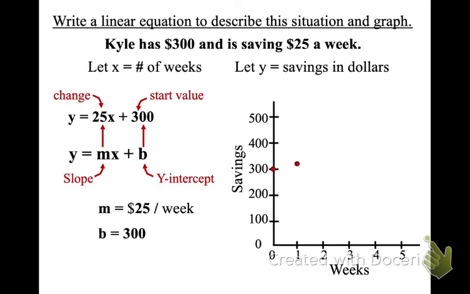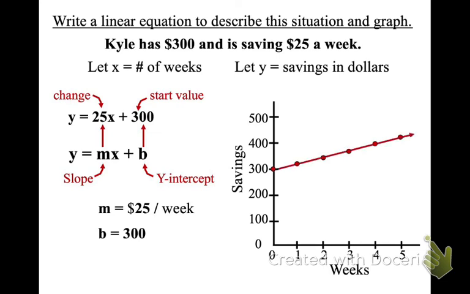And then at 2 weeks, I would have 50 halfway up. At 3 weeks, I would be 3/4 of the way through. And at 4 weeks, we should be at 400. We draw the line, I can keep going. At 5 weeks, we could be at 425. Right? And we draw the line.